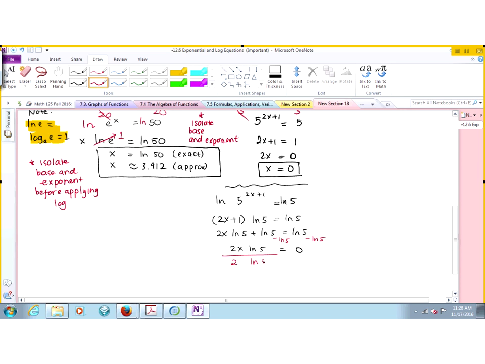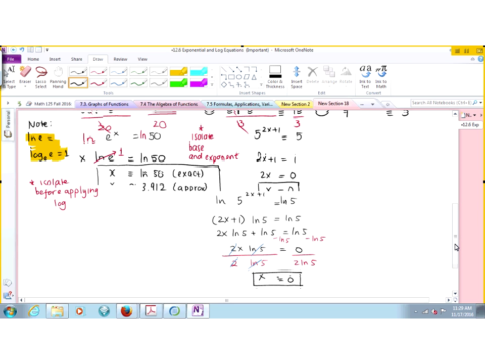Well, same thing. Divide both sides by 2 ln5. What is 0 divided by ln5? So x is 0. I think we should do more examples on this, right?